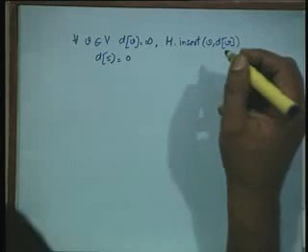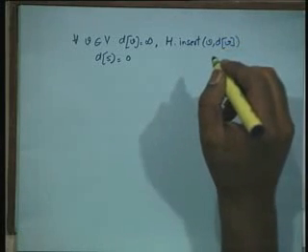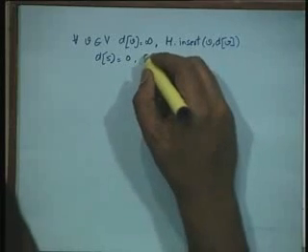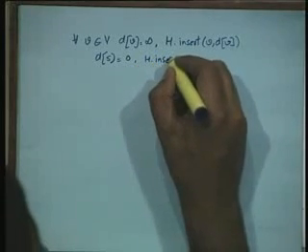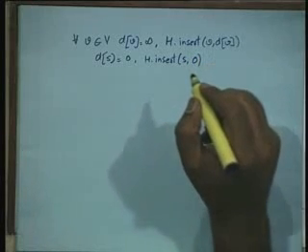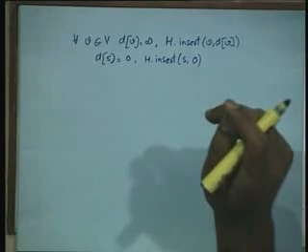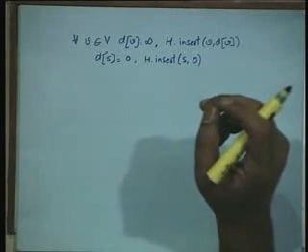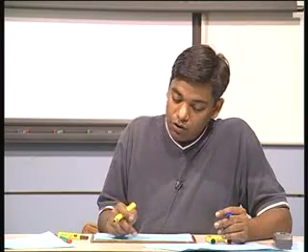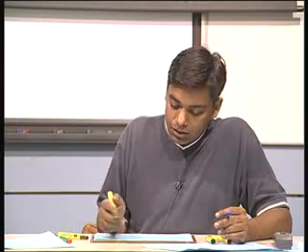I've inserted the node v with priority d of v, and this one also I'm going to insert, h dot insert s comma 0. Oh, we have already inserted.